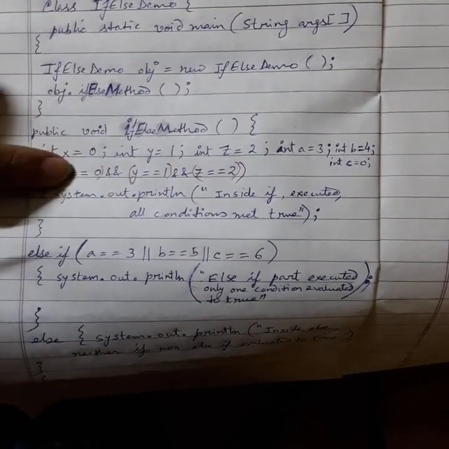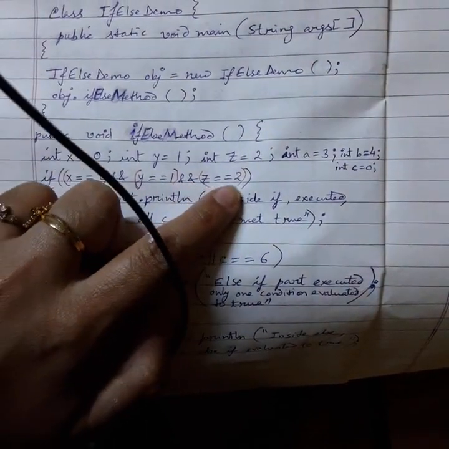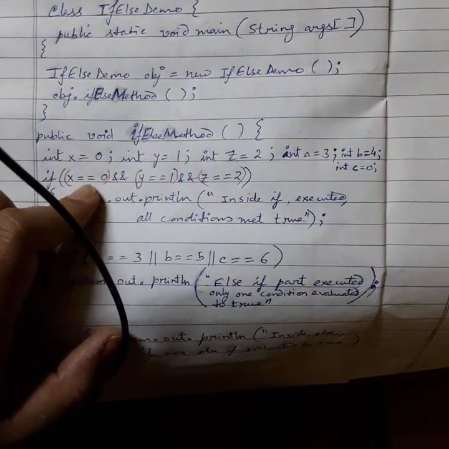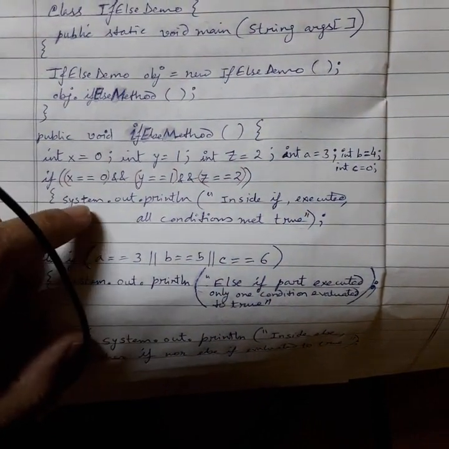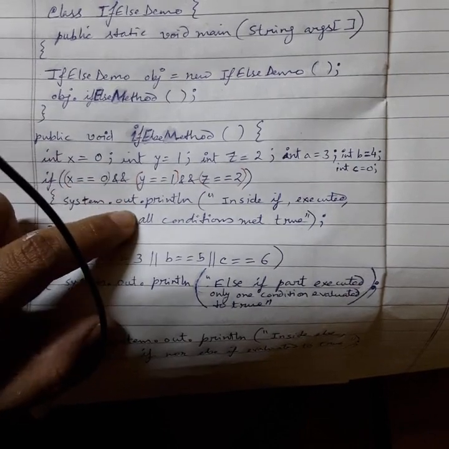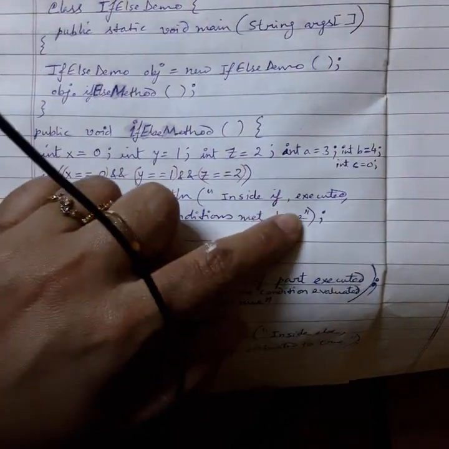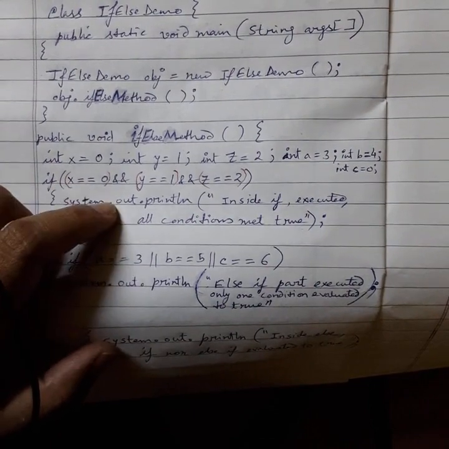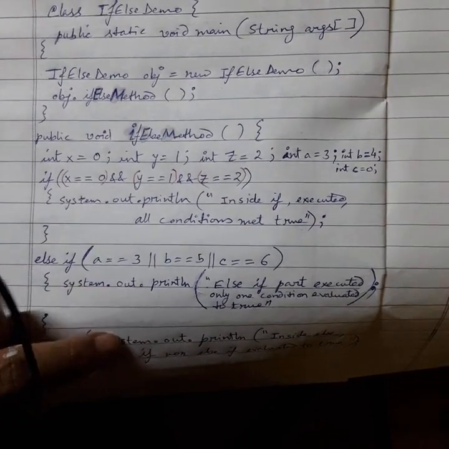So we come to this part. If x equal to 0 and y equal to 1 and z equal to 2, double ampersand denotes and, means that all three conditions need to be fulfilled to evaluate to true. Then the if part System.out.println executes, printing that inside if all conditions are met. I have purposely written the System.out in each of the sections.